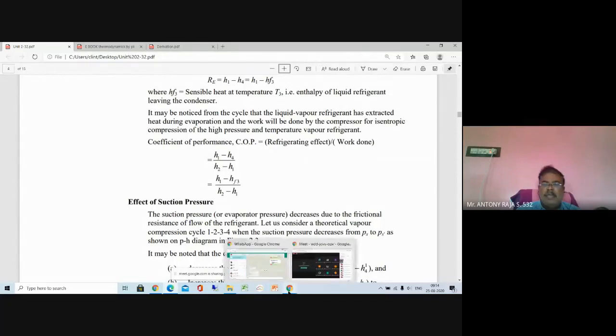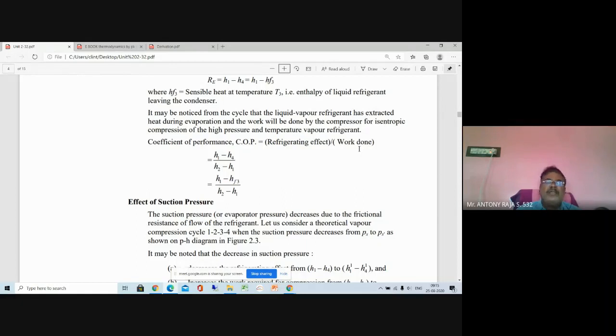Another is that it is inversely proportional to work input, the power required. When the power required is reduced, if you use an efficient motor, then power consumption will be a little lower. So if you reduce the work input required to drive the compressor motor, then we can improve the COP.